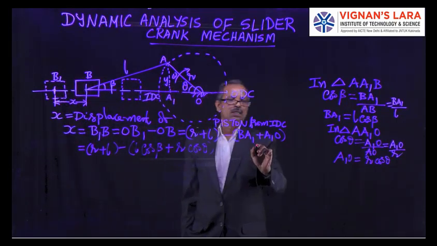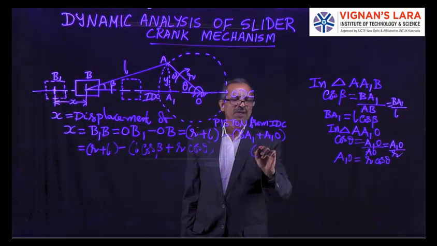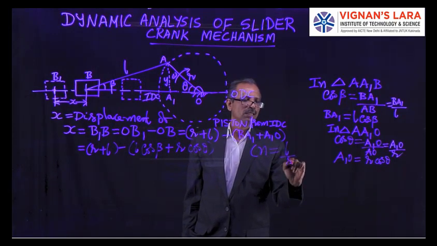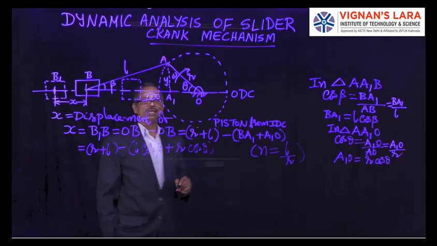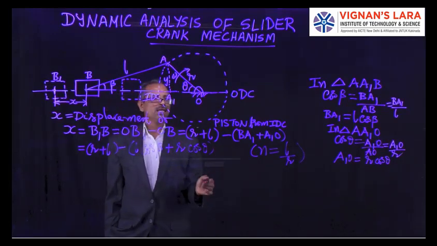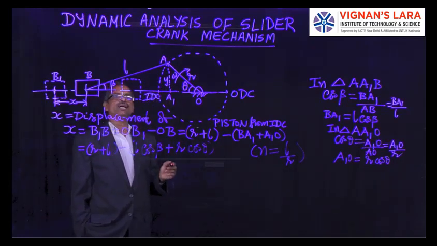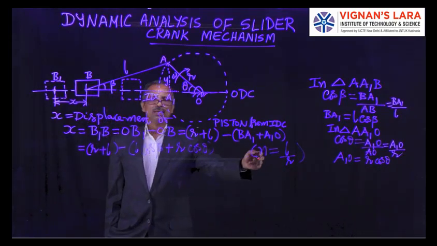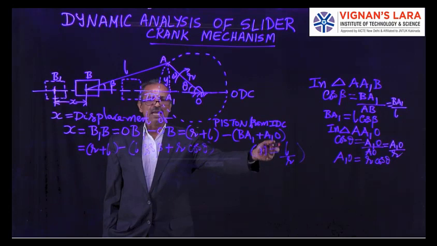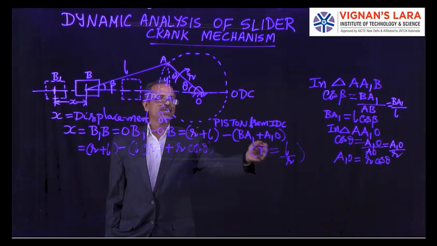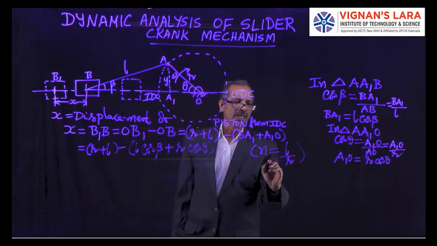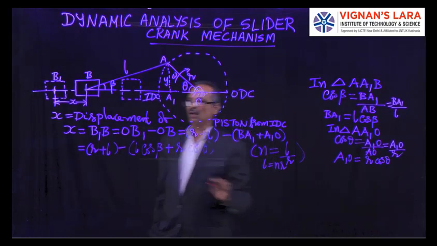Now define a term N, which is nothing but L by R. N is the ratio of the length of the connecting rod to the radius of the crank. So I will rewrite L as N times R. L is equal to NR.